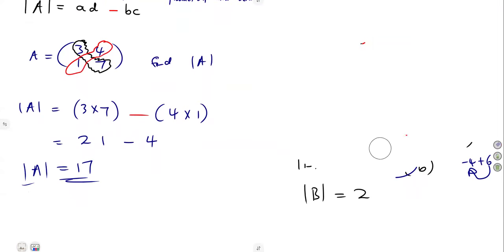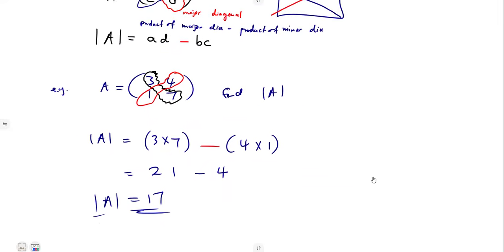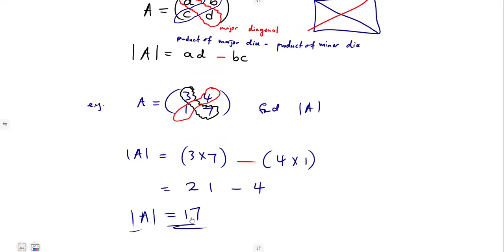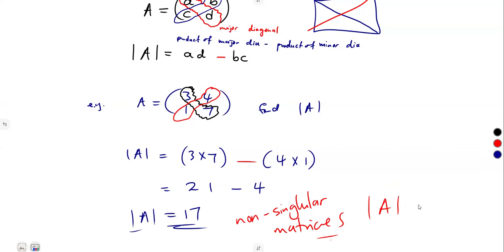So when we consider these matrices for which we obtain a certain value for the determinant, like -1, 17 and so forth, those matrices are called non-singular matrices, where the determinant is not equal to 0.